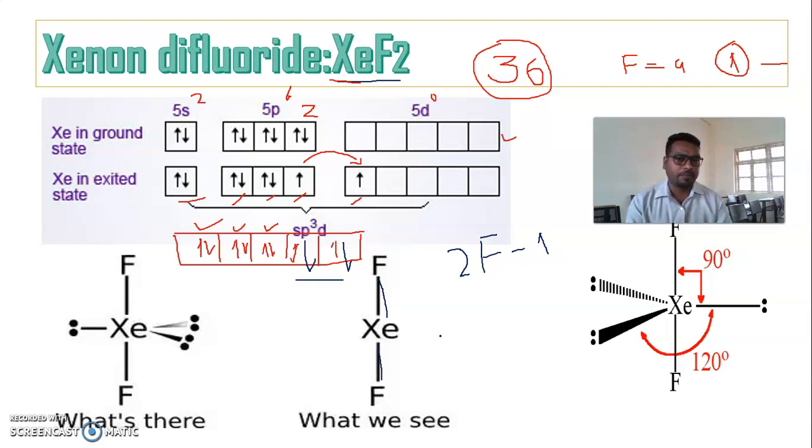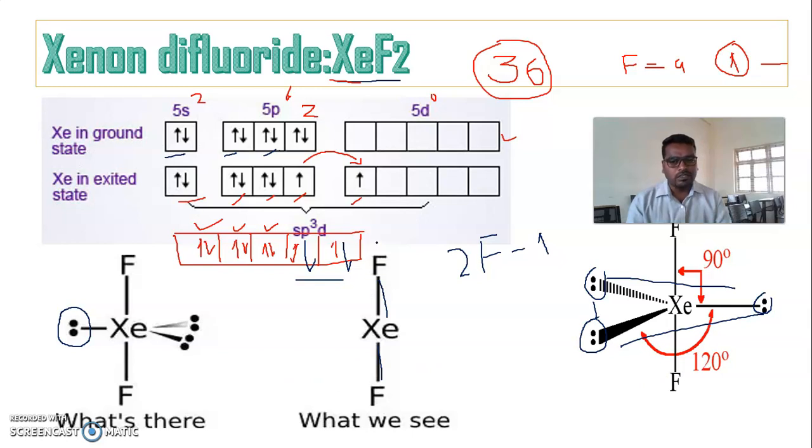Let us see its geometry. Usually, what we expect here is that due to the presence of lone pair electrons, the geometry must be affected. But here, the geometry is not affected by the lone pairs. Why? Because these lone pairs of electrons occupy trigonal planar positions, and the fluorines, one is above the plane and one is below the plane.